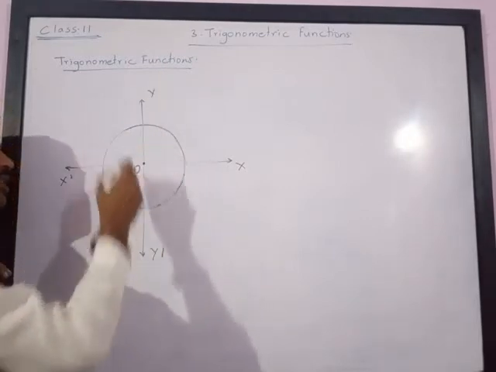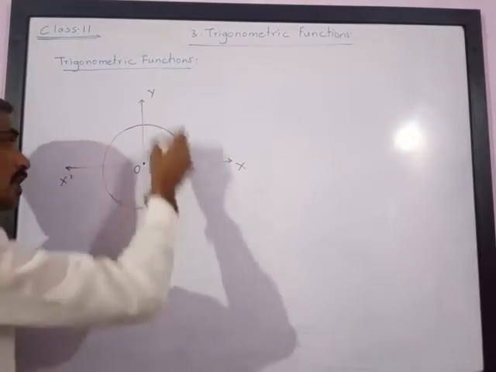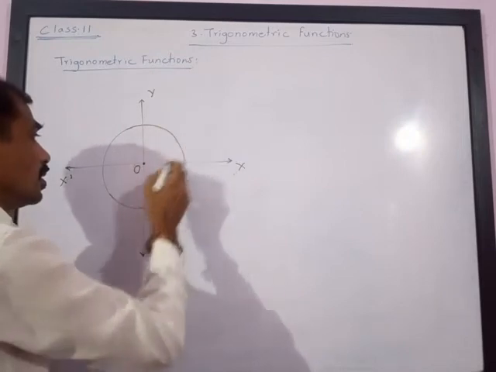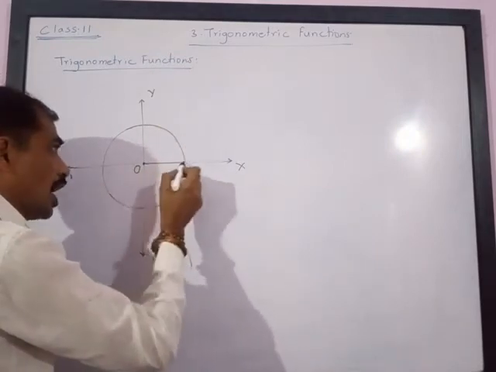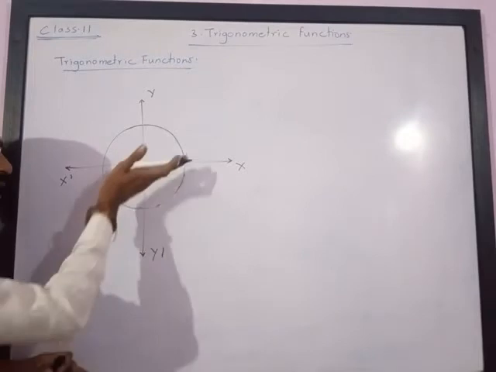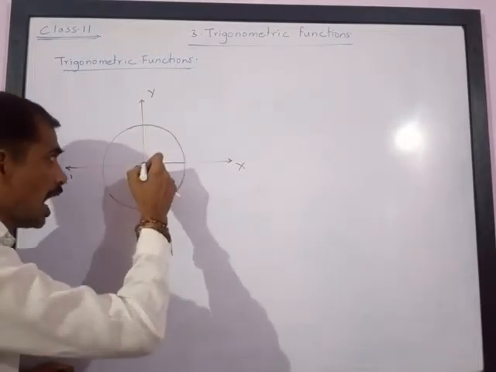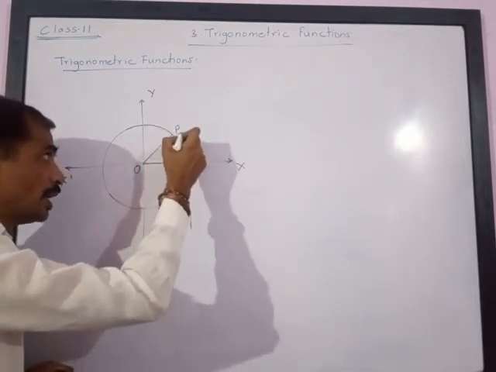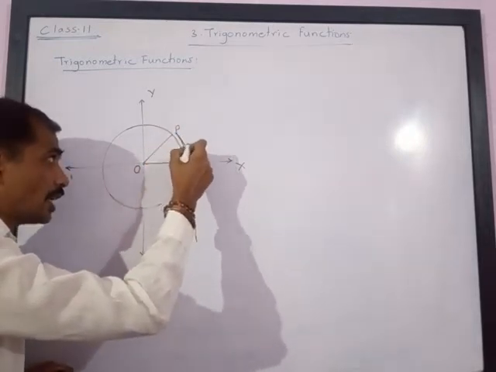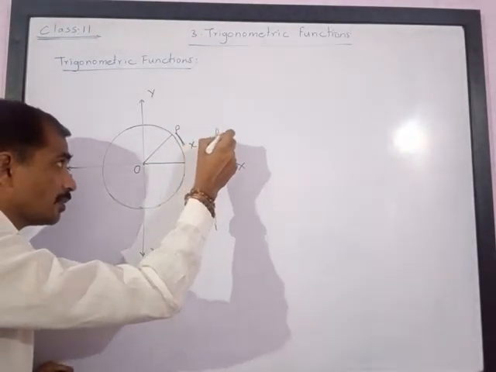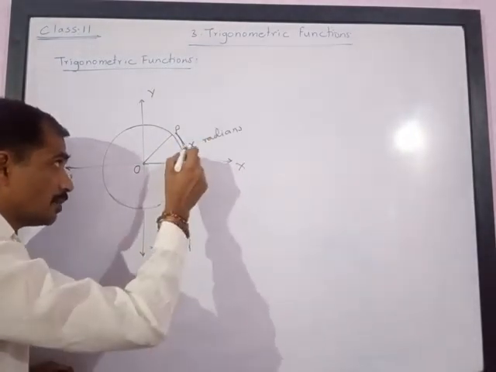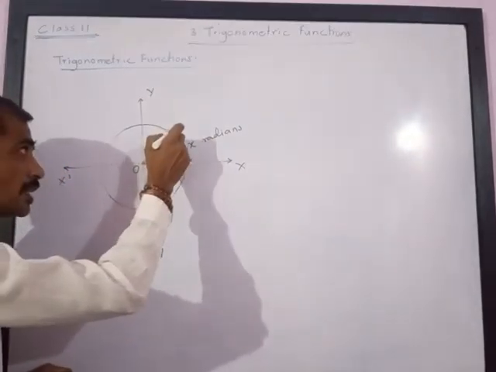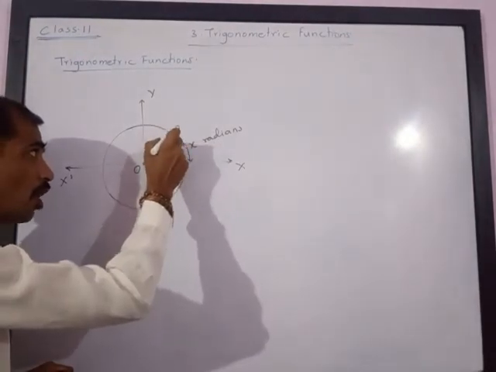We consider a circle of unit radius, so this is a circle with radius 1. Now this is an initial arm. Imagine that this initial arm rotates and reaches a certain point P, and the length of the arc covered is x radians.